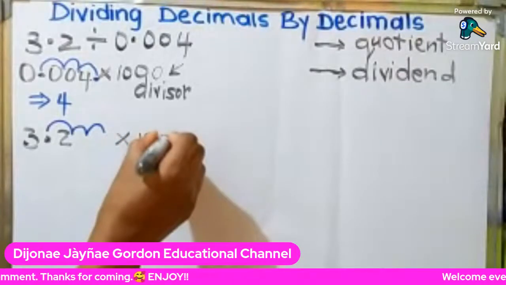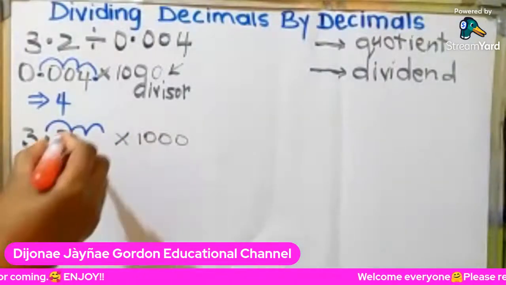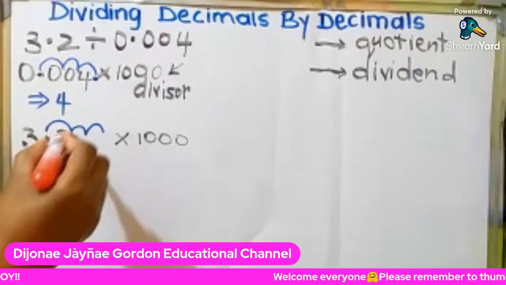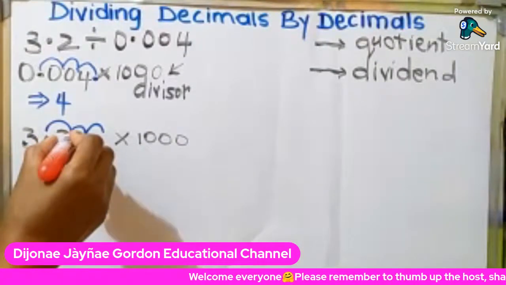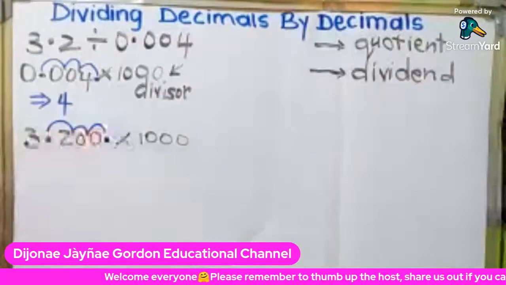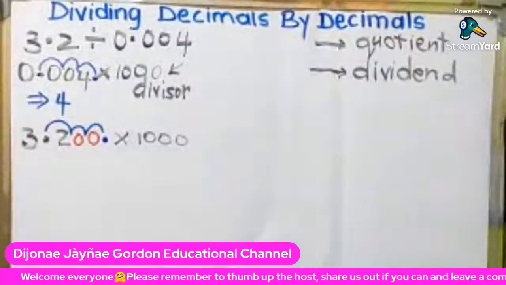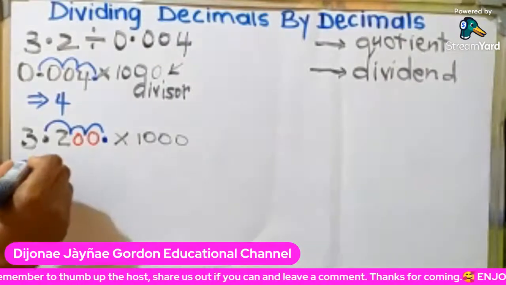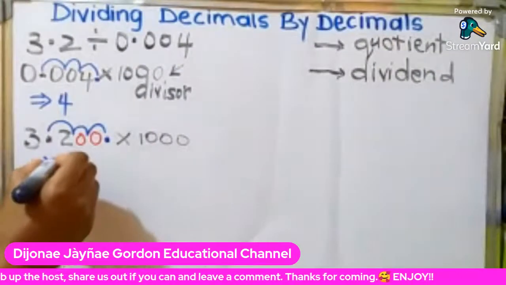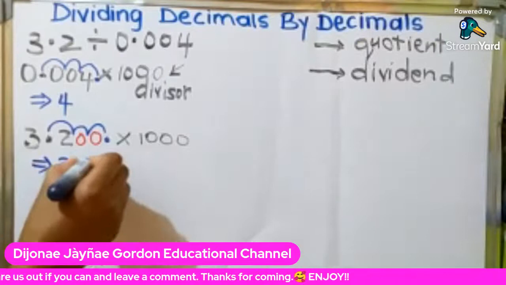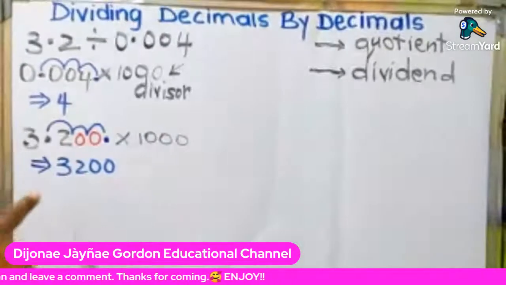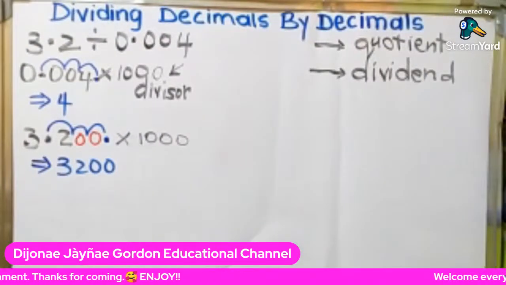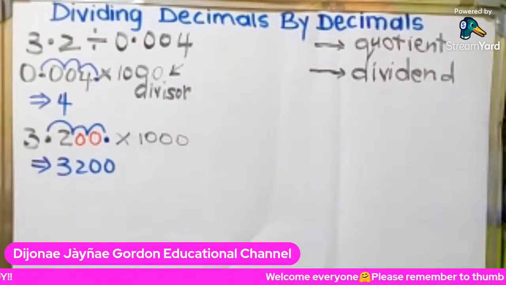In these spaces, we're going to have some zeros. So remember now the decimal place is now right here. So let's see what we have working with. We end up with 3,200, right? That's what we end up with.